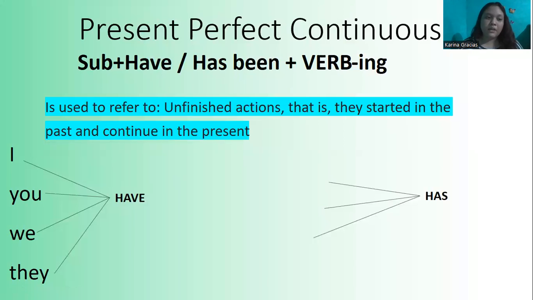For example, for I, you, we, and they, we use have. And when we have she, he, and it, we use has. Plus verb and ing form.